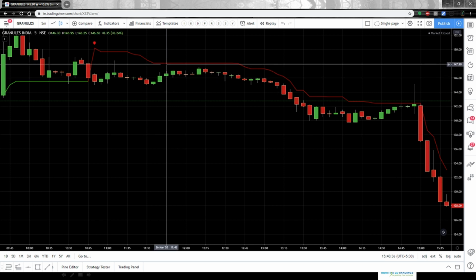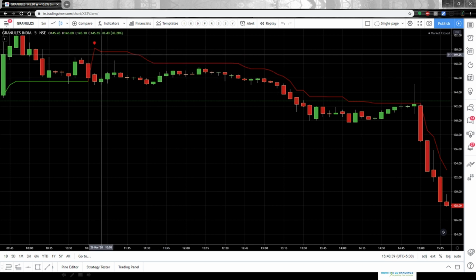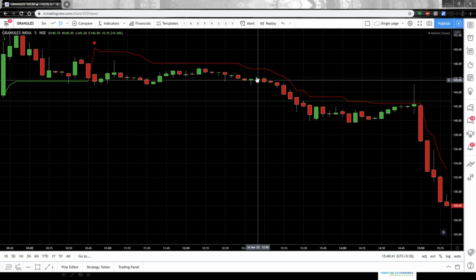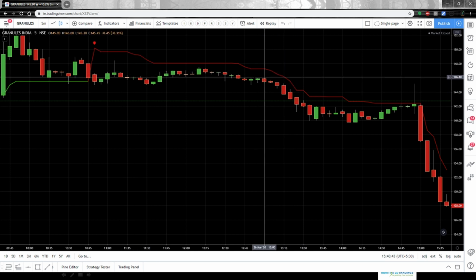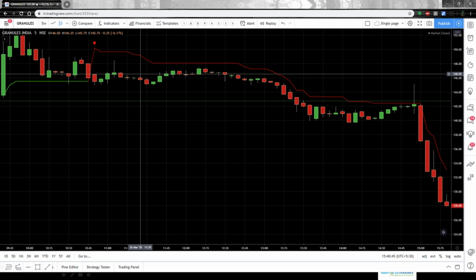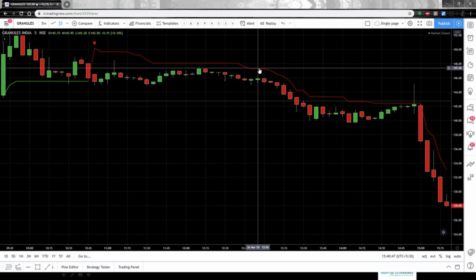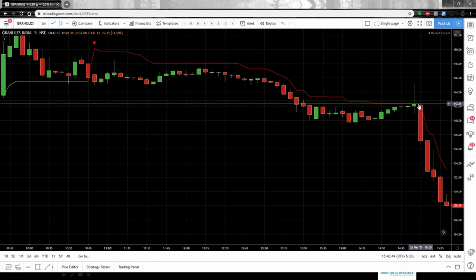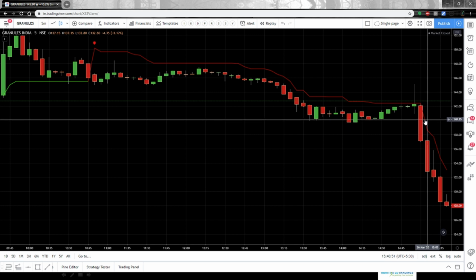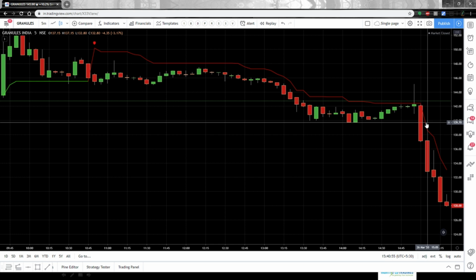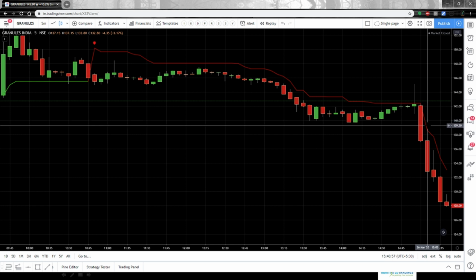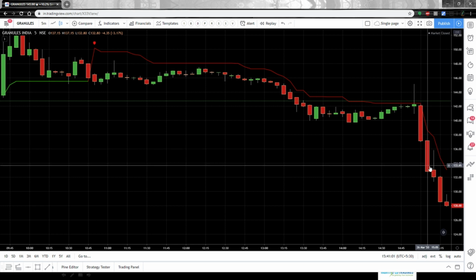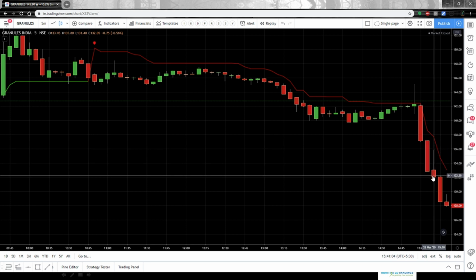Okay, so you can see here that the super trend is flat here, but there are places where the super trend is curved. See, here it is curved, here it is curved, here it is curved. So by having a very close observation of the super trend downward curve, the second trader decided to stay back and he was rewarded accordingly.